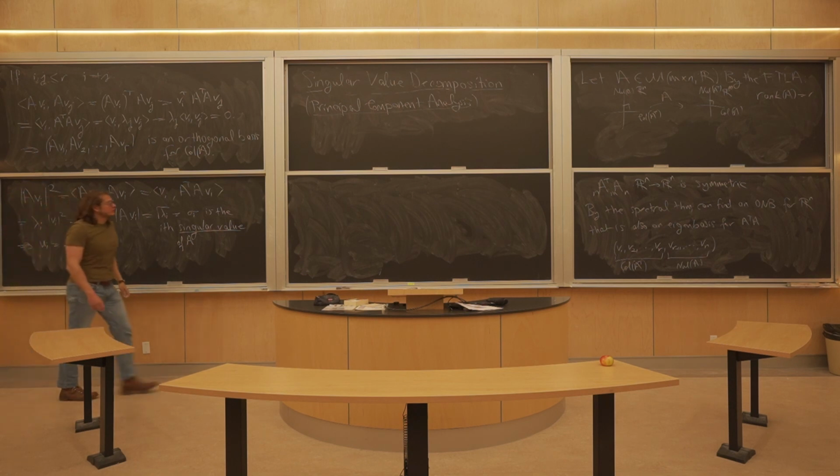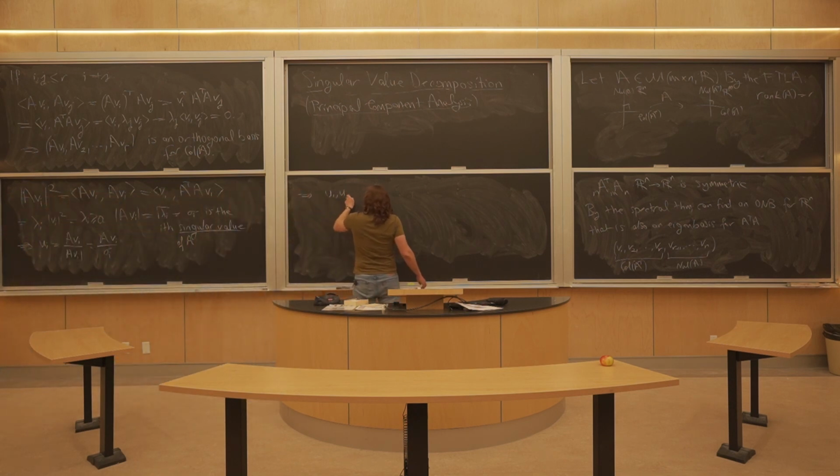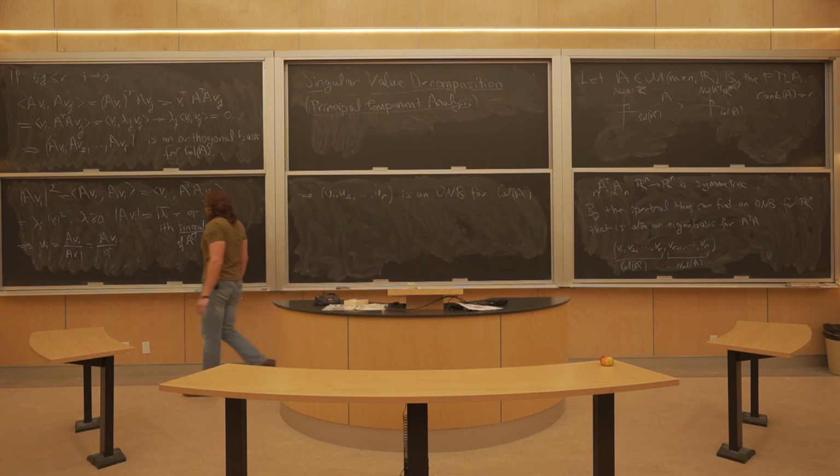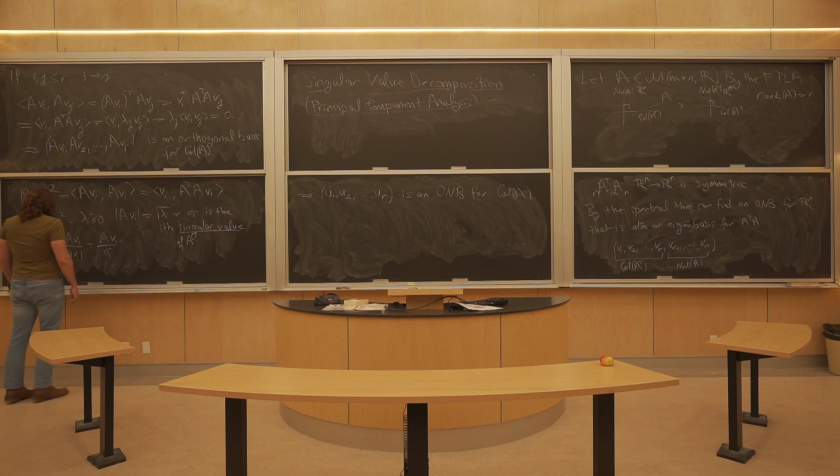Okay. So now u1 to ur is going to be an orthonormal basis for the column space of A. And at this stage, we're pretty much done.